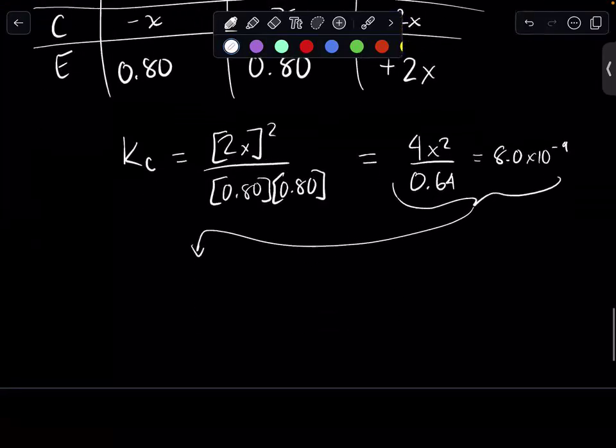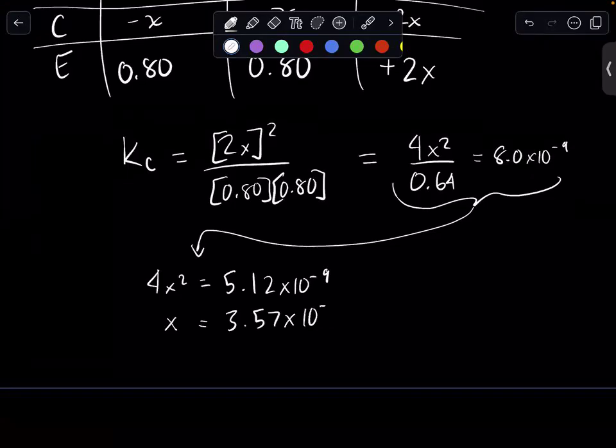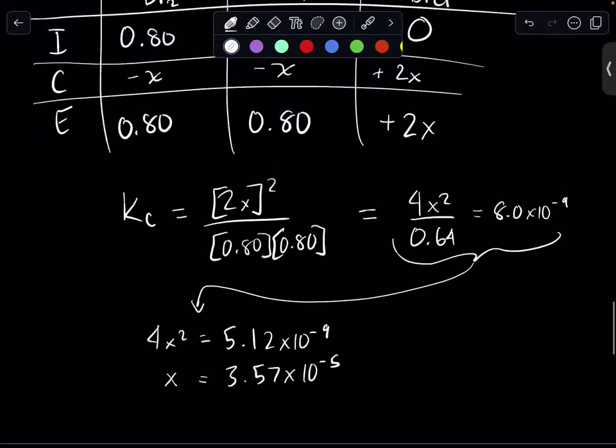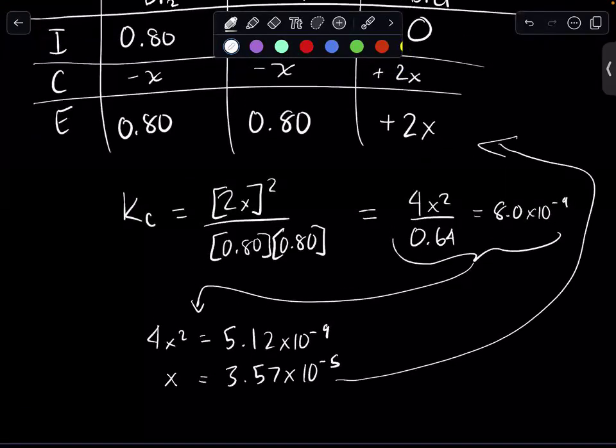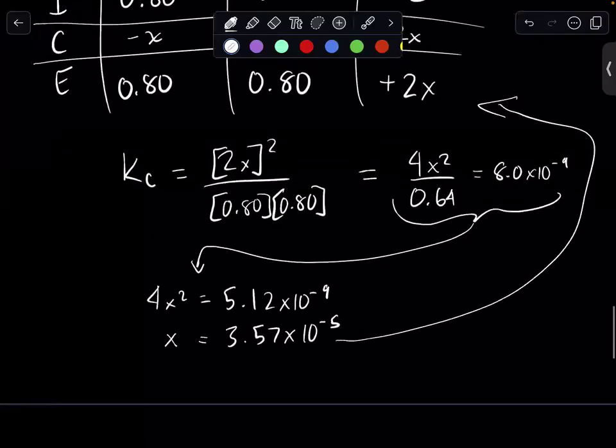Solving for x, we find that 4x squared is equal to 5.12 times 10 to the minus ninth, where dividing by 4 and square rooting, we get x is equal to 3.57 times 10 to the minus fifth. That's our concentration that we will then plug into our x value up there.